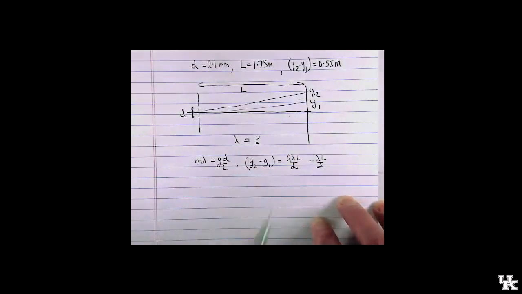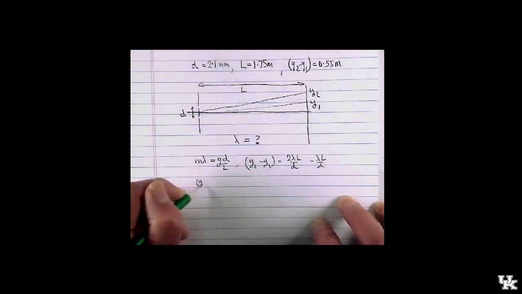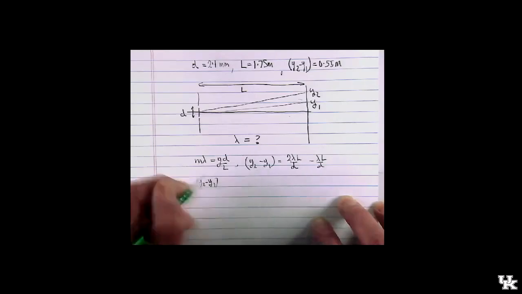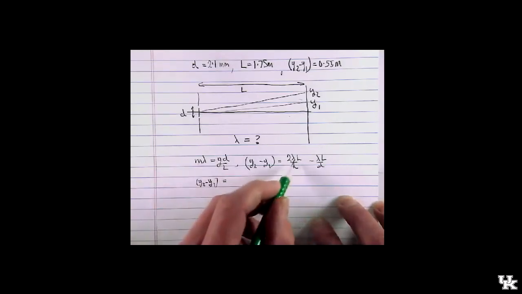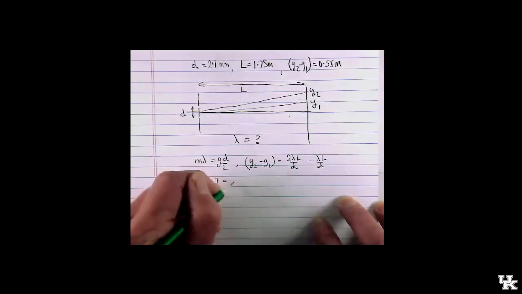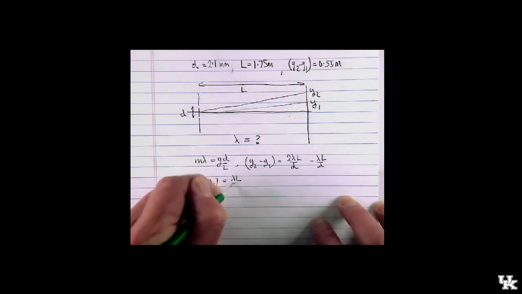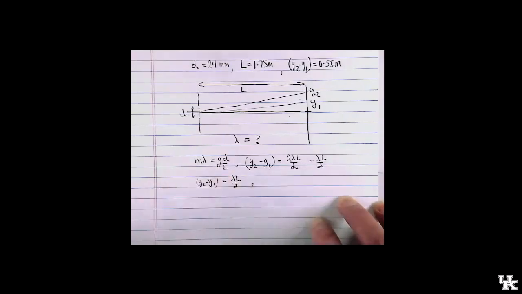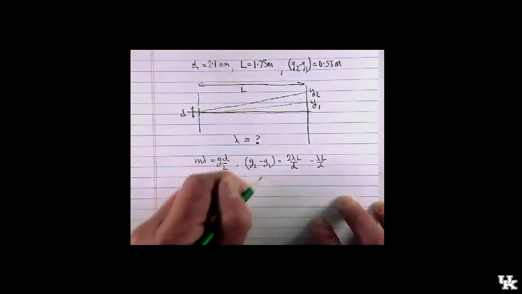And so what we've made for ourselves here is a little equation that says y2 minus y1 equals 2 lambda L over d minus lambda L over d. So this is just going to be lambda L over d. And we want the wavelength.